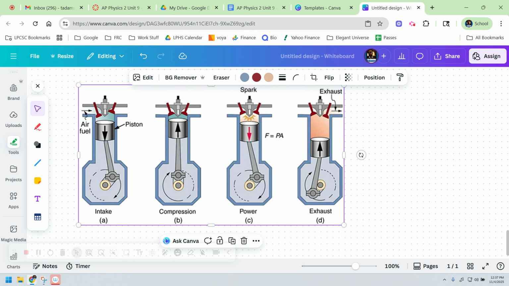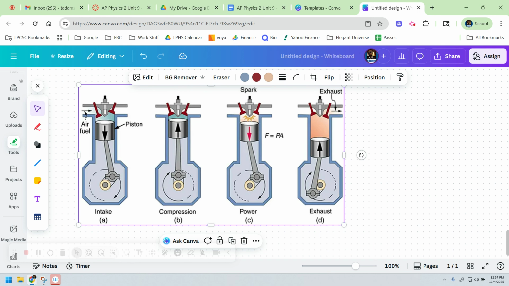So in a 4-stroke internal combustion gasoline engine, the heat transfer into work takes place in a cyclical process shown here. The piston is connected to a rotating crankshaft, which both takes work out and does work on the gas in the cylinder. Air is mixed with the fuel during the air intake in part A, right?